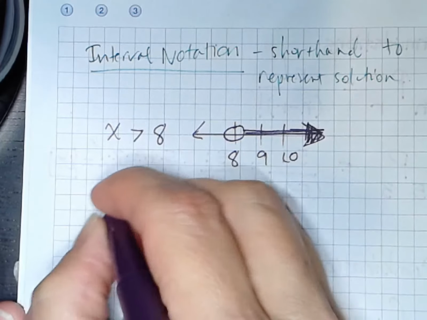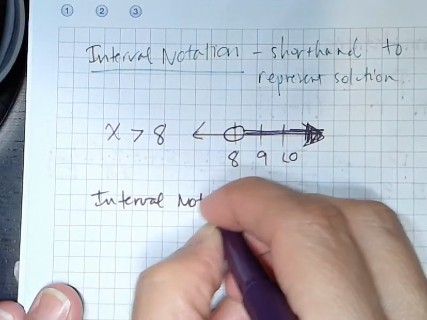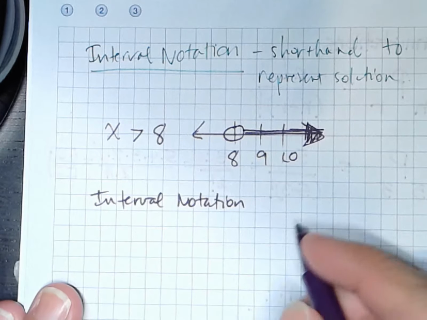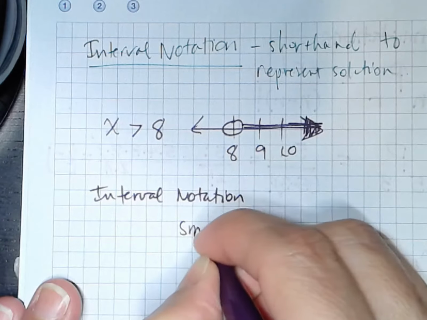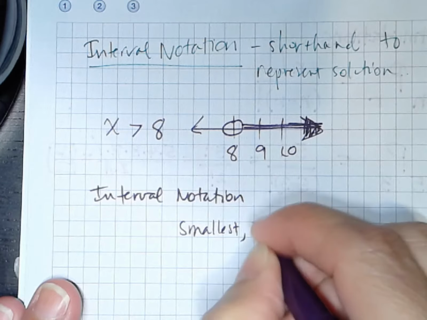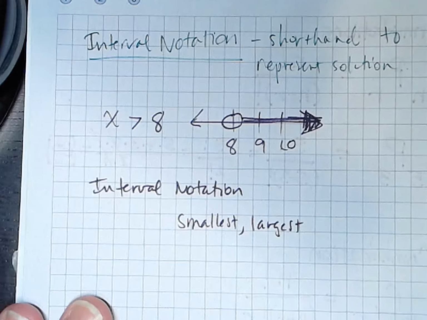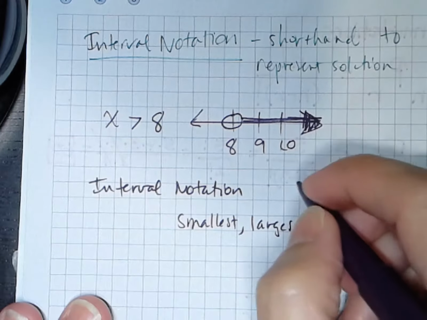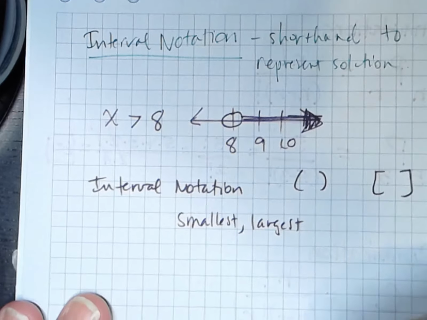So if I ask you for the interval notation, I want you to tell me what did you shade on that number line from the smallest comma to the largest. Now the symbols that you use in interval notation, you either use parentheses or you use brackets.